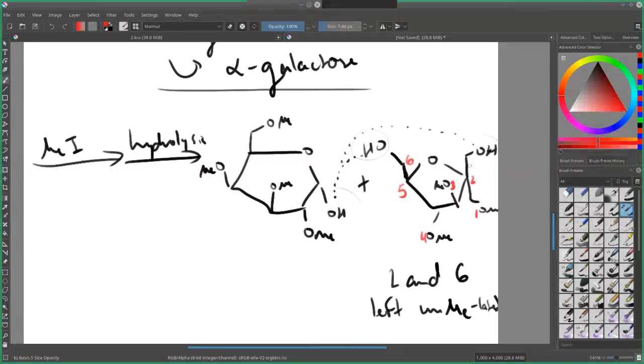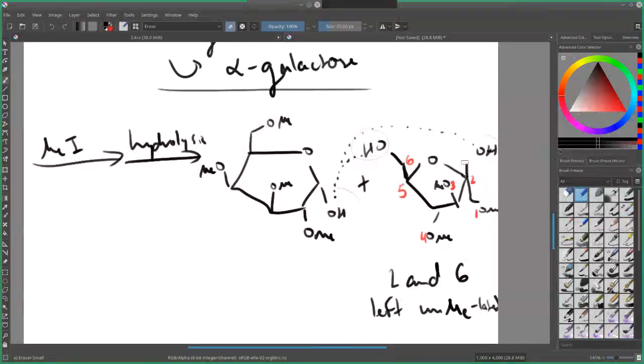Yeah. If you have this ketone, because here this will be a ketose, not an aldose, right? So here will be a ketone. And oh, I drew one carbon too many.